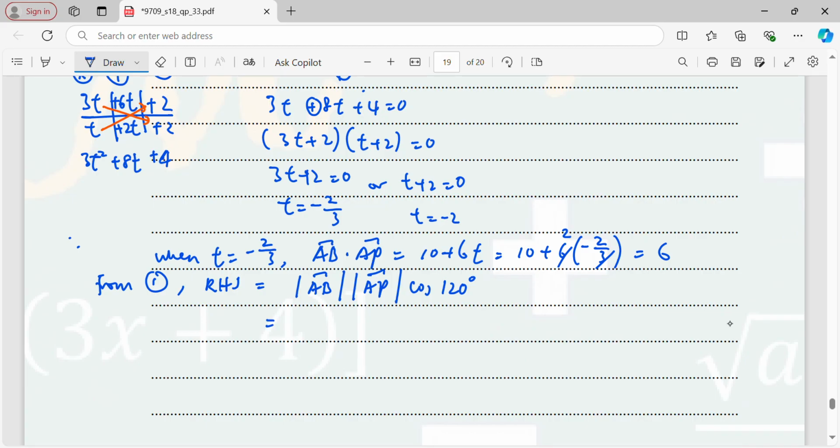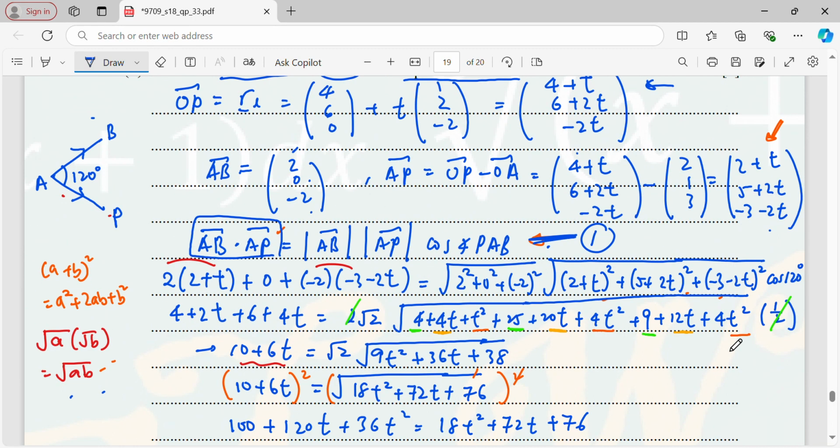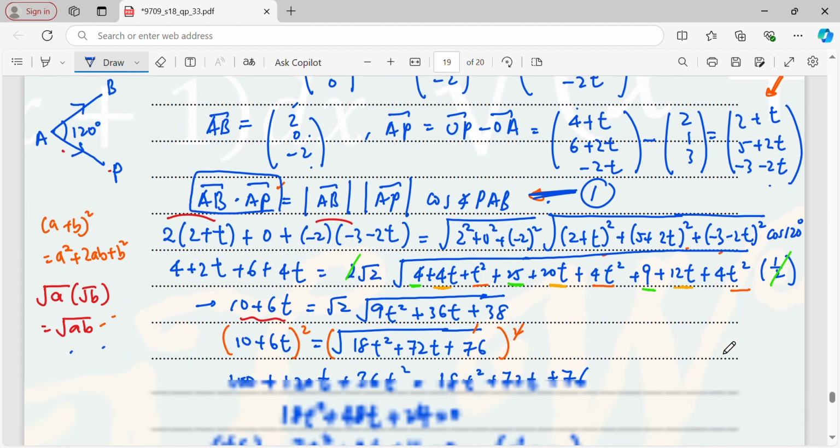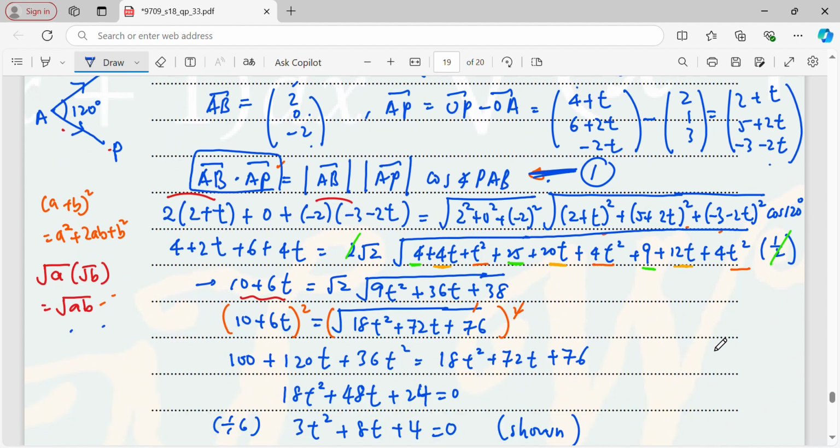So now from here, let me check. Okay, this cos 120, it should be a negative, right? I missed out the negative in the previous step. This one should be a negative, right? That means you still have a negative over here. So there's a negative outside. But since there's a negative, you square it, it still becomes positive, right? Sorry, I missed out the negative in the previous step.